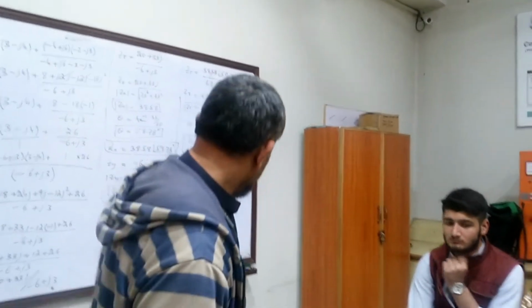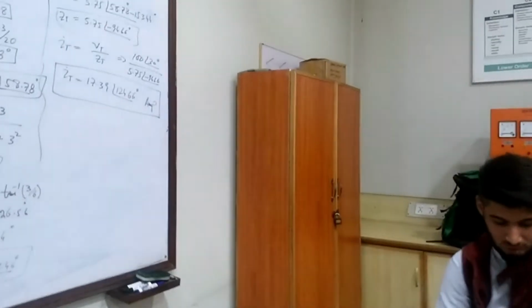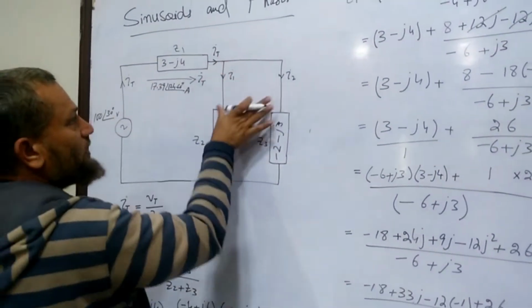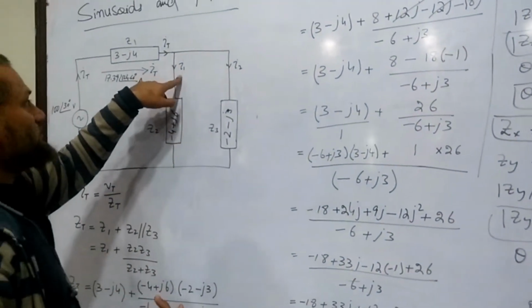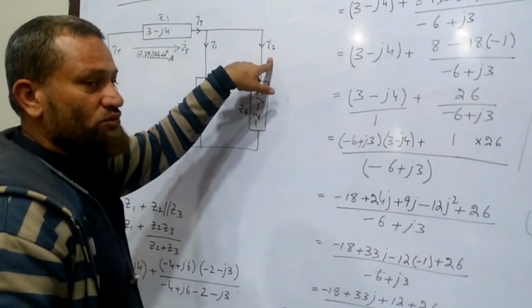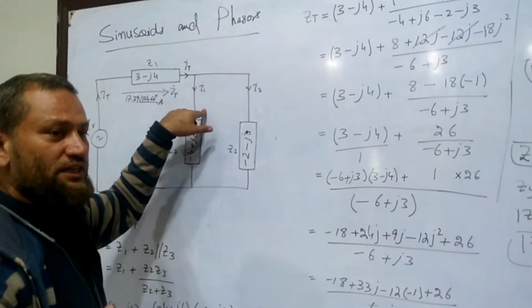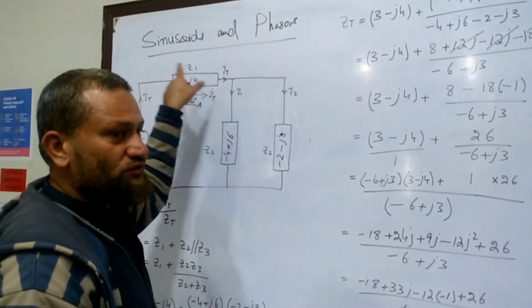And look at over here, here is an I total. Understand? I1 and I2. Just find any one of the currents, I1 or I2, and the other will be found automatically: just subtract that from I total.